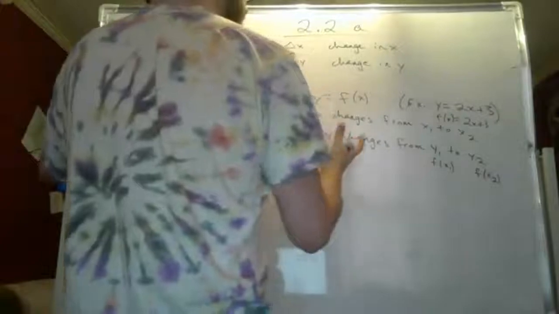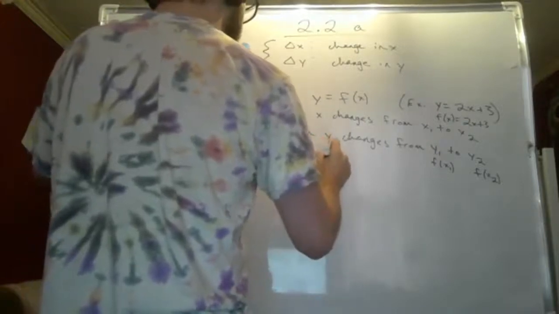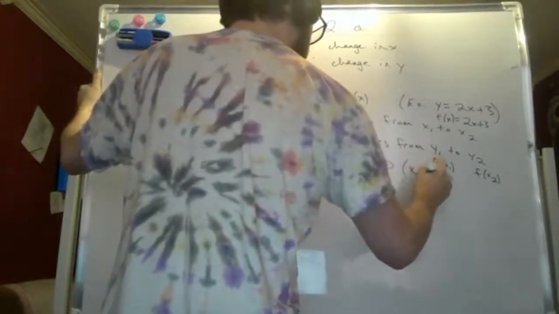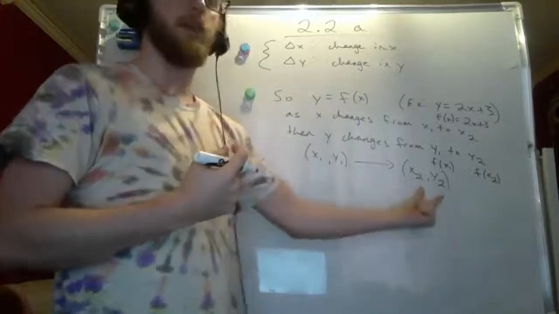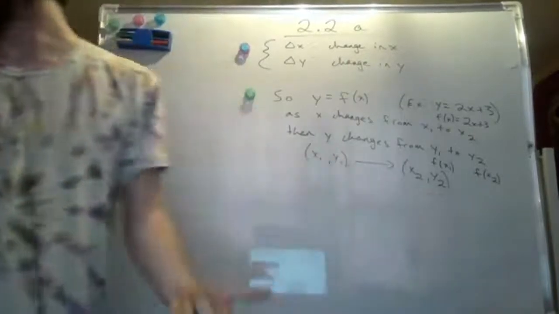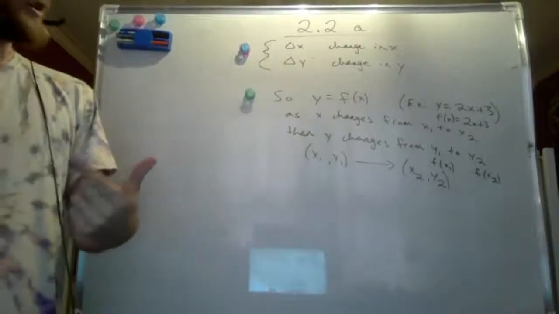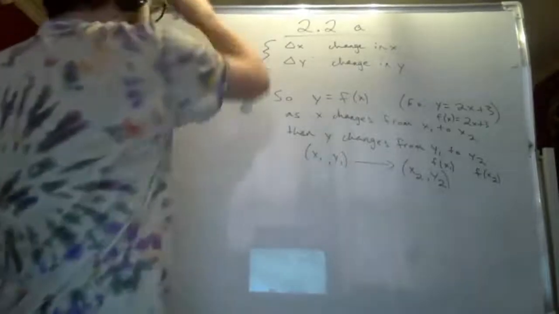So we have this idea of change between x is impacting some change in y, or in other words, if we have a point x1, y1 on our graph, and this point is changing to x2, y2, then we can create this kind of relationship between two different points on the same graph. So what do I mean by that? Why do we care? Well, this is where we get the definition for the average rate of change.